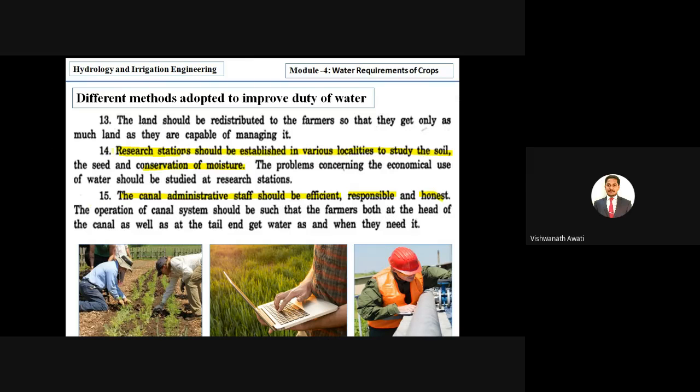The initial portion of the canal is called the head of the canal, and the last portion is called the tail portion. It does not mean that only head people will get more water; we have to take care of the people using water at the tail of the canal, right. That will be achieved by canal administrative staff. They should be efficient, responsible, and honest.